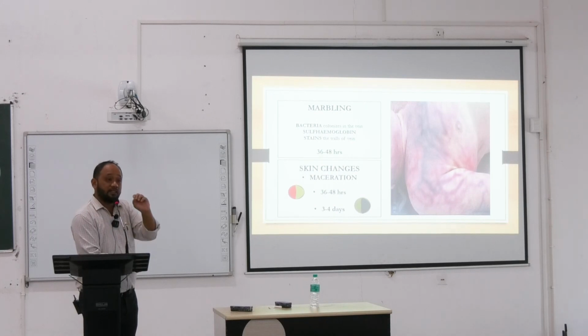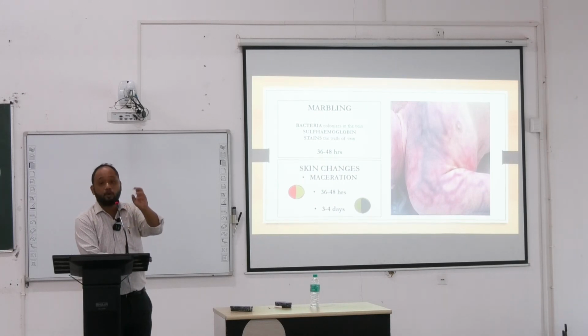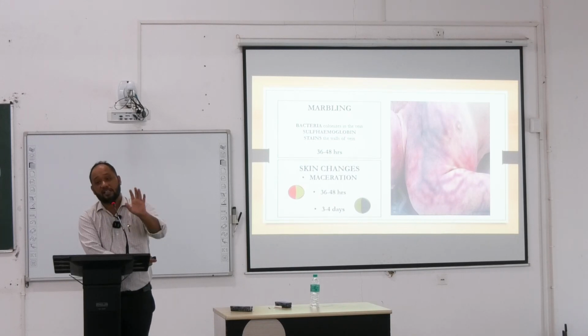Slowly pink থেকে green, green থেকে greenish blue বা purple, then from greenish blue to greenish black, then black. This is the natural progression of color change.